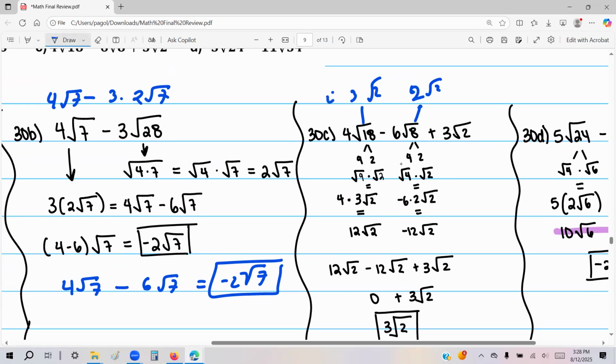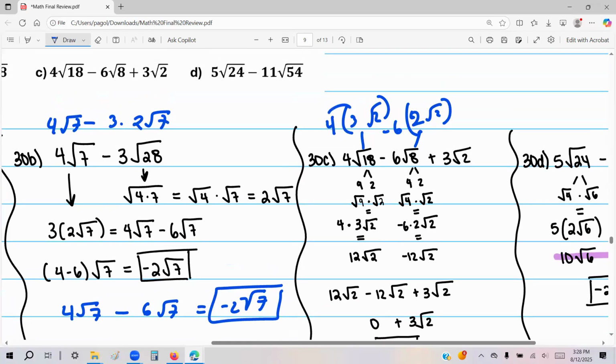So we have 4 times 3 square root of 2, 6 times 2 square root of 2, and you are adding 3 square root of 2. So you get a total of 12 here, another 12 here, and a single one. 12 cancels out, the answer is this.